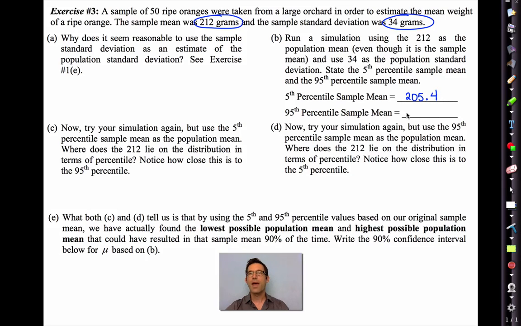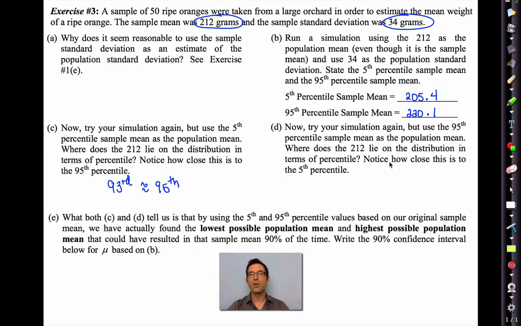All right, and our 95th percentile was 220.1. Then when we used the 205 as our mean, we found that the 212 was roughly at the 90, well, what did we have? We had the 93rd percentile, but that was approximately the 95th percentile.